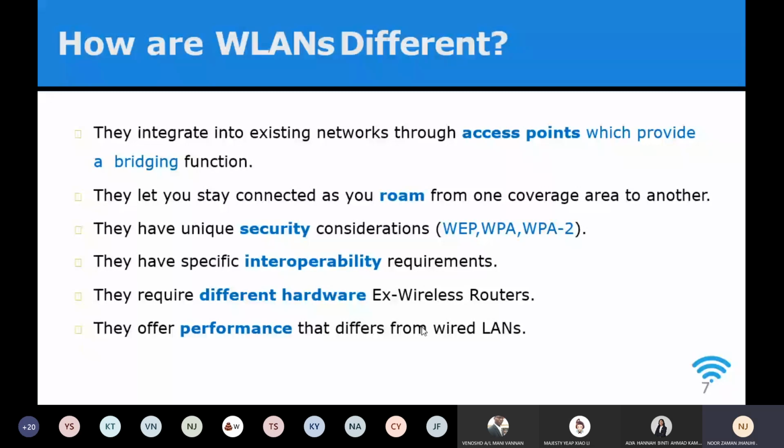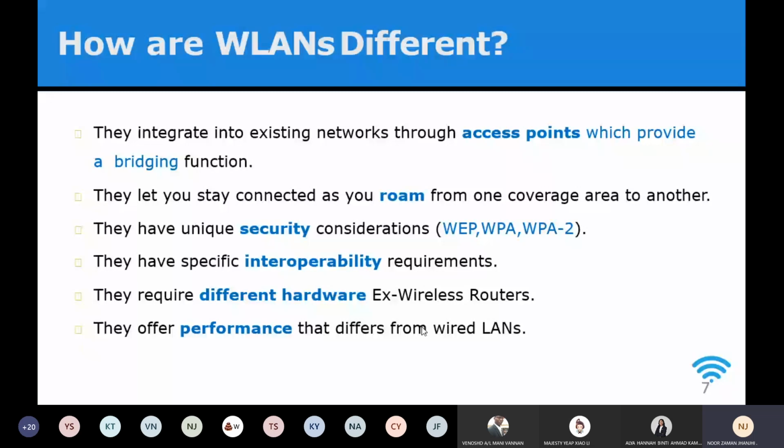Now what does the second point mean? Say, for example, while you are in the university, you are just walking around the campus, you are connected with the internet. You change the floor, you are connected. You go to the classroom, you are connected. You go to your lab, you are connected with the network.